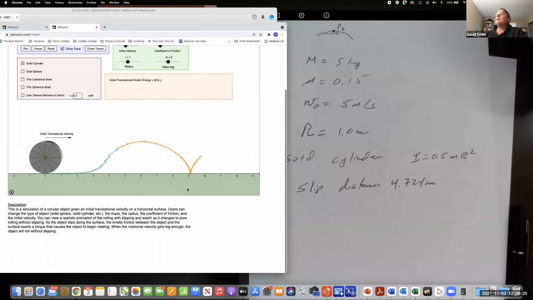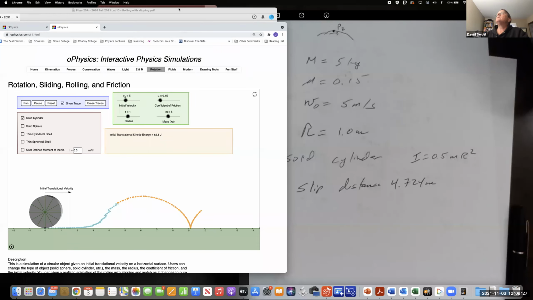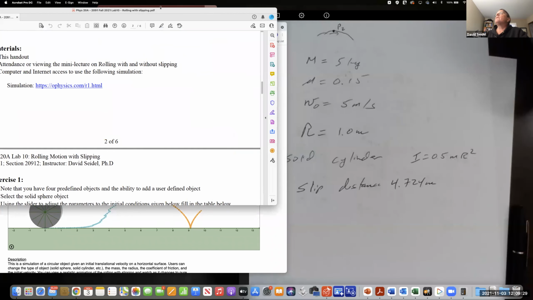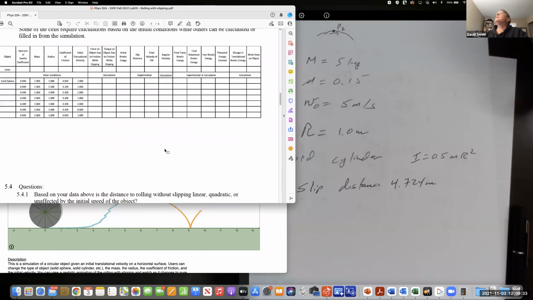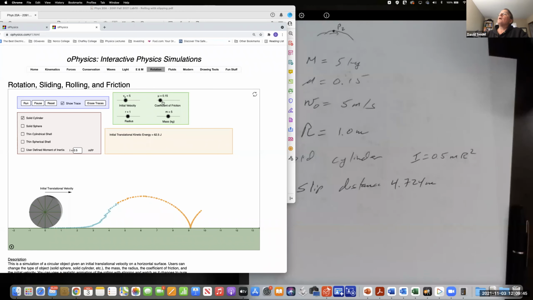on this lab, you're going to do a few different things. You're going to take a look at the force on the object due to friction while slipping. Well, the force is the coefficient of friction times mg.